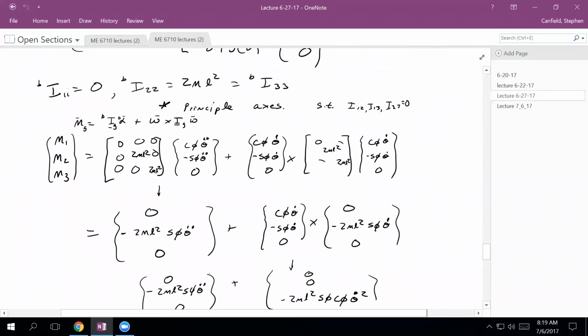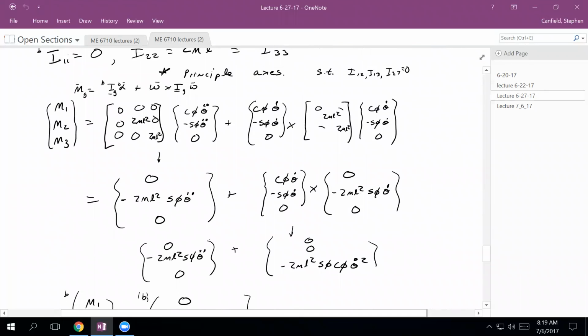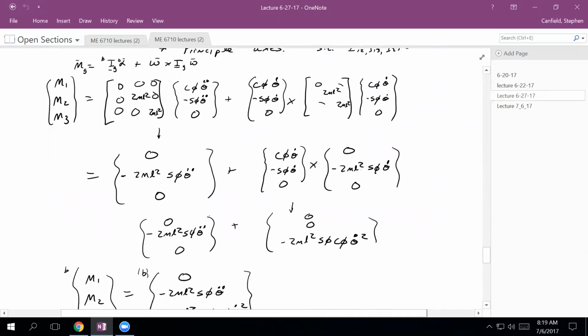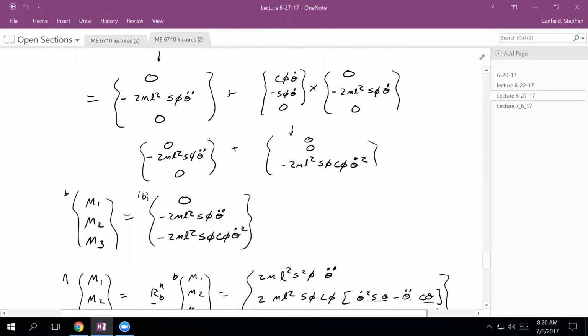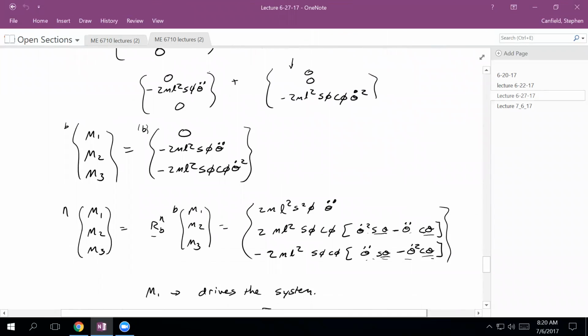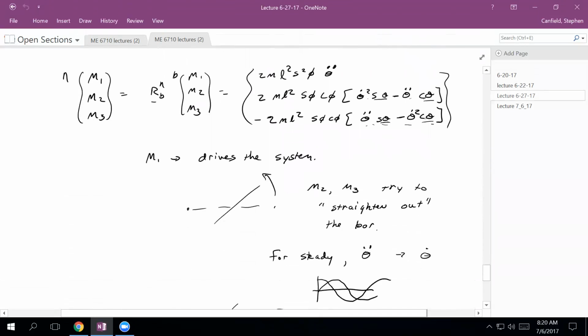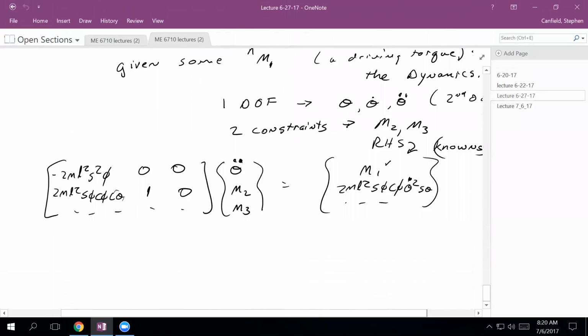Here was the first time we wrote our equations: M1, M2, M3 equals these terms. Here we wrote them in the body fixed frame, and here we wrote them in the inertial frame. And then once again, we cast them in this matrix form.